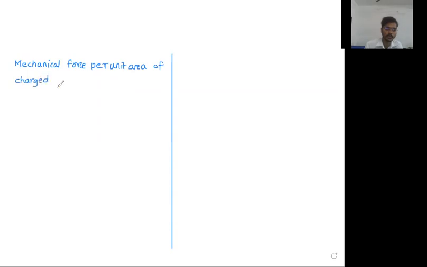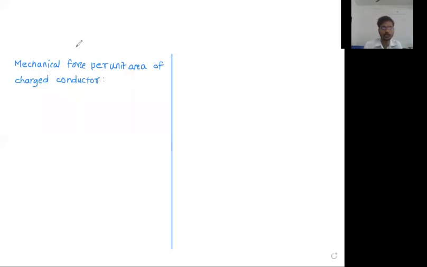Write down: mechanical force per unit area of a charged conductor.